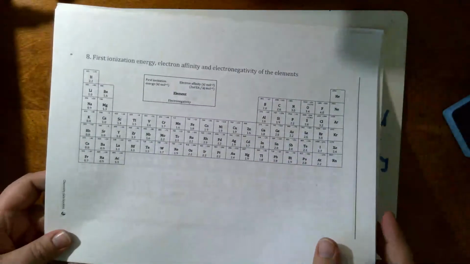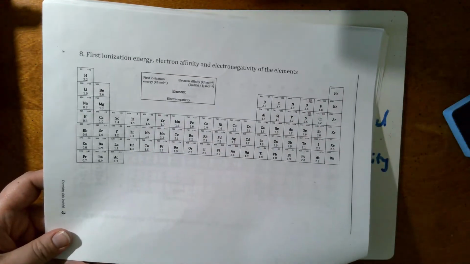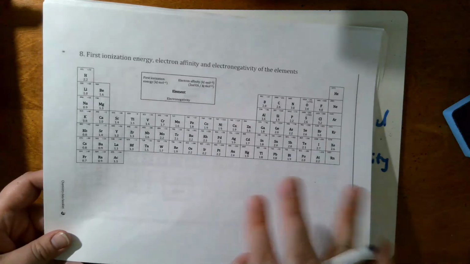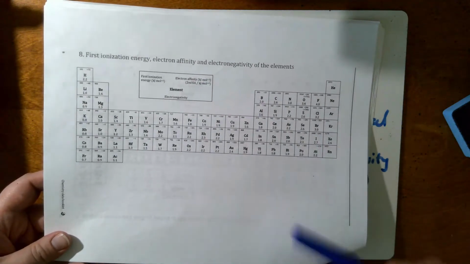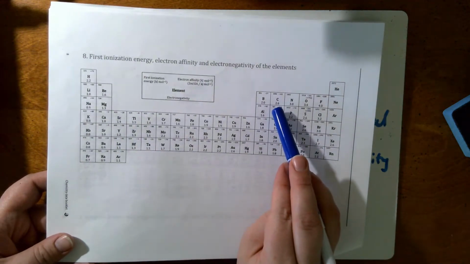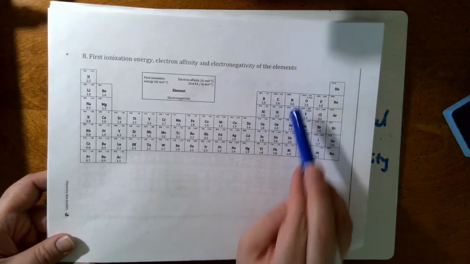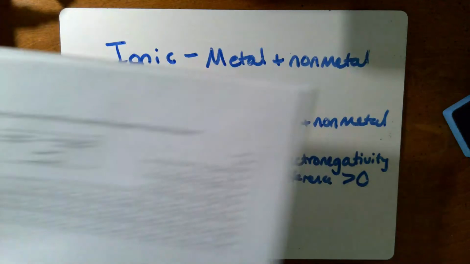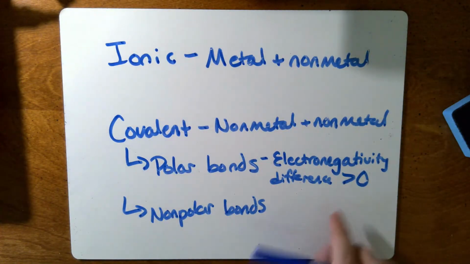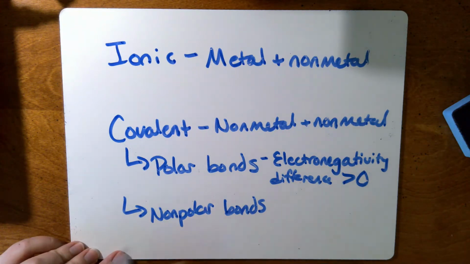We'll give you charts a lot of times that have electronegativity values, okay? Now, if you're given a chart, you should check and make sure two atoms have different electronegativity values. So for example, let's say I had a bond between carbon and nitrogen. Carbon has a value of 2.6 and nitrogen's value is 3.0. So they would have a polar bond because they have an electronegativity difference that's greater than 0, right? They're different elements with different electronegativities.